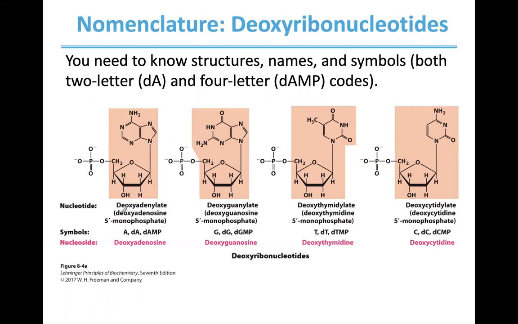In other words, you can name this deoxyadenosine, which is just the nucleoside, and then add 5' monophosphate. It's just another way to refer to a nucleotide. So deoxyadenylate, or if you forgot this, adenylate, you can always use the term for the nucleoside, deoxyadenosine, and then just add the phosphate. And this is also useful because, for example, if you have 2 more phosphates, you can say that this is deoxyadenosine triphosphate, right?